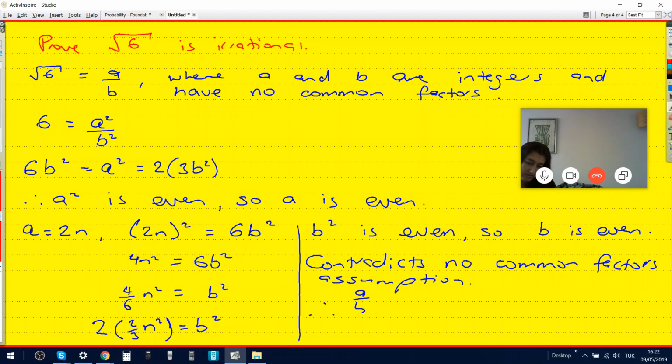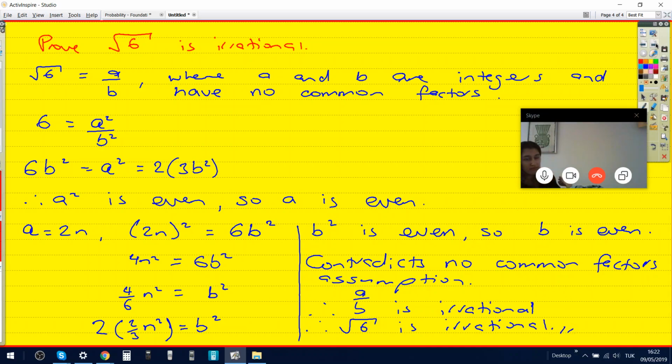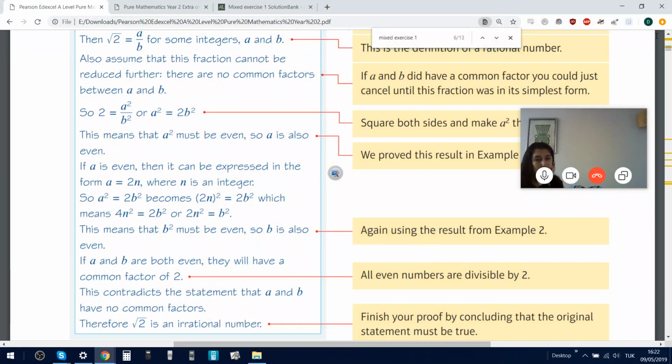So therefore, a over b is irrational, and therefore root 6 must be irrational. Any questions about that? No. Tricky stuff.